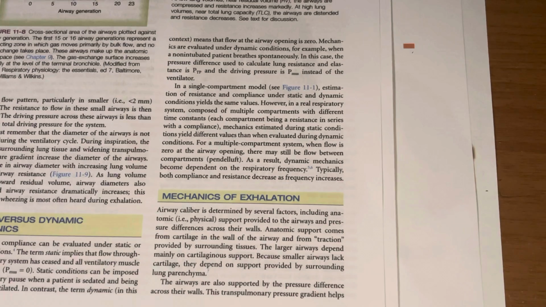Smaller airways lack cartilage, so they don't have cartilage. They depend on support provided by the surrounding lung parenchyma, so support from the lung itself.